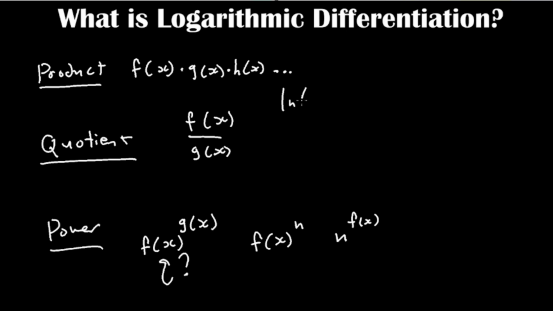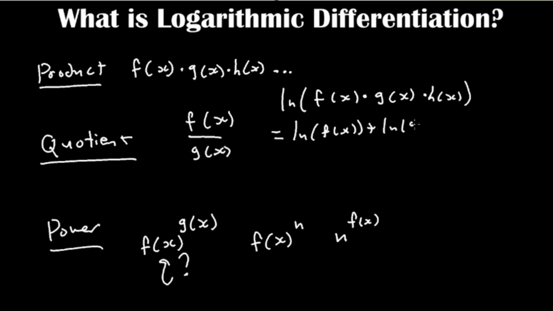For example, if we take the natural log of f of x times g of x times h of x, because the natural log of a product is just a sum of natural logs, you're going to get natural log of f of x plus natural log of g of x plus natural log of h of x. And this is often a lot easier to differentiate. You would need the chain rule, but it's not as much of a headache as repeated product rule.